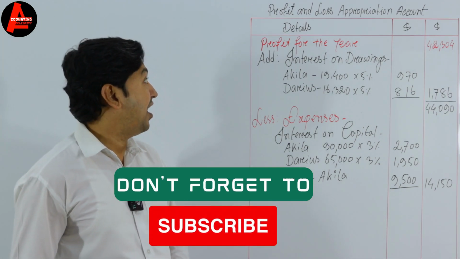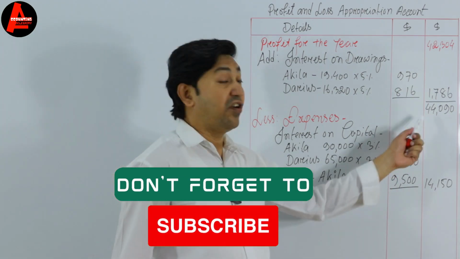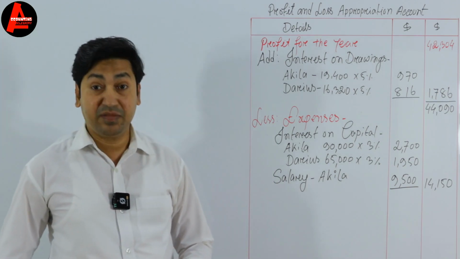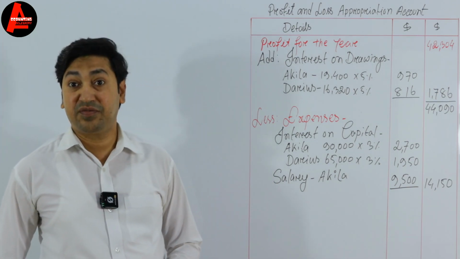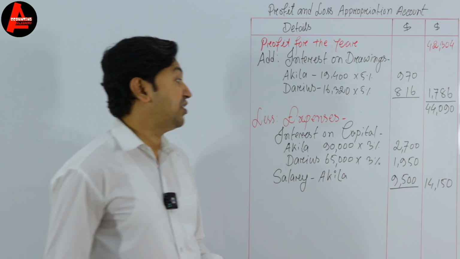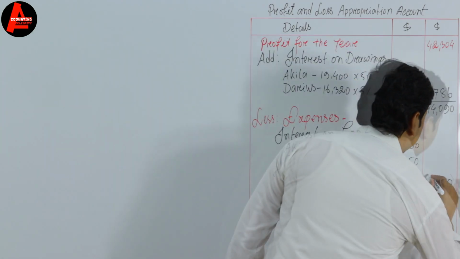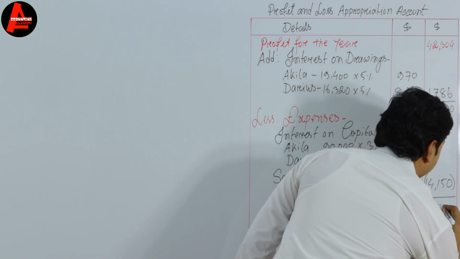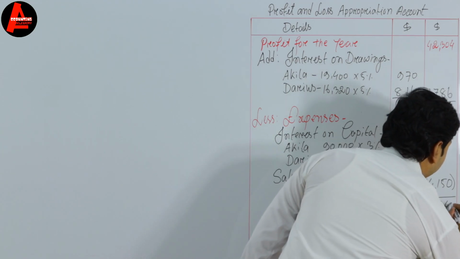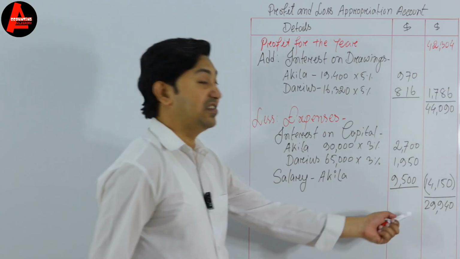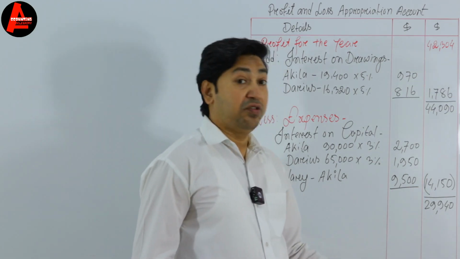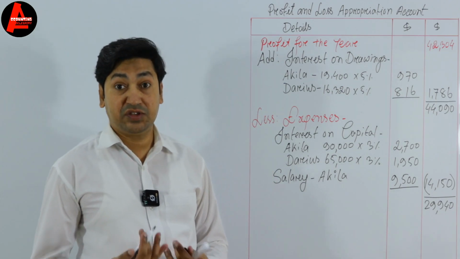Now our revenue is $44,090 and expenses are $14,150. That means there will be a profit for the year. If we subtract this amount from the total, we get $29,940. This is the profit share. This profit will be shared between the two partners.